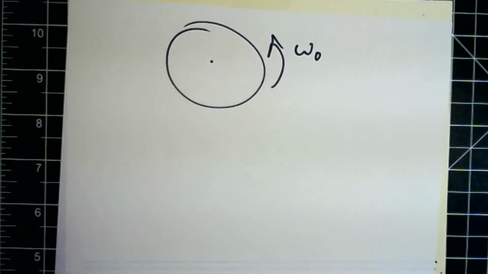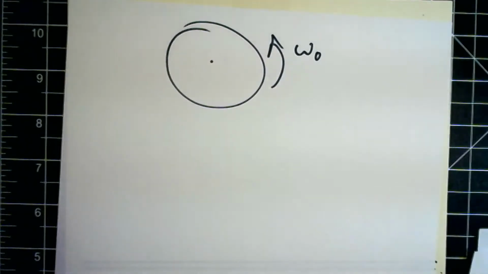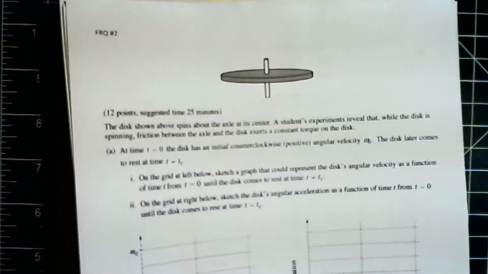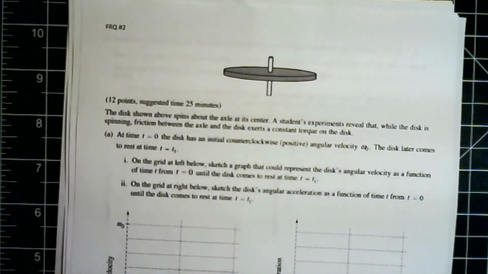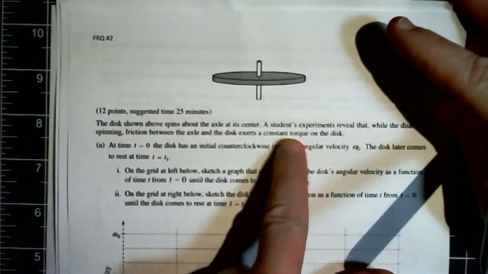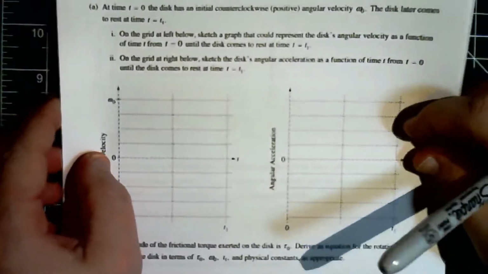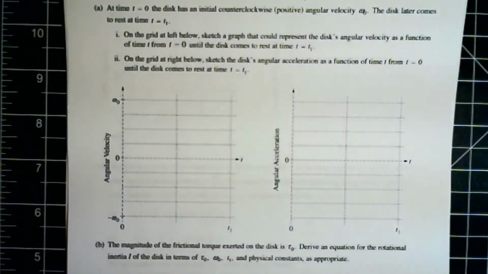And it tells us on the grid at the left below, sketch a graph that represents the disk's angular velocity as a function of time. All right, so here's the thing. If you've got some kind of disk and there's a constant torque, the word constant is actually pretty critical. That means there's a constant force or a constant acceleration acting on the disk.